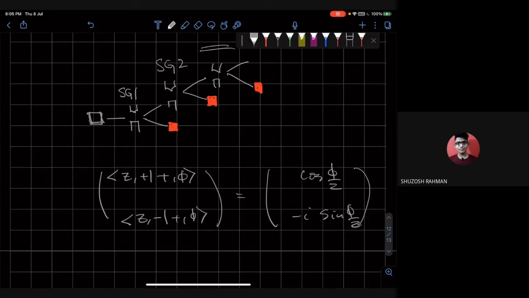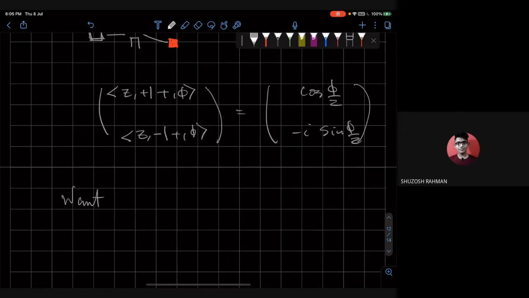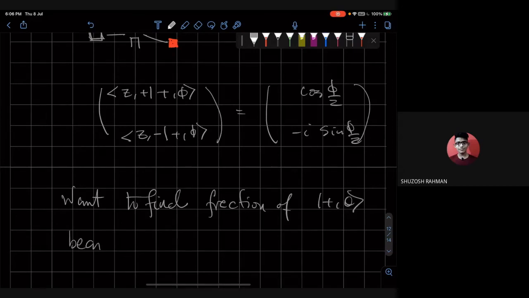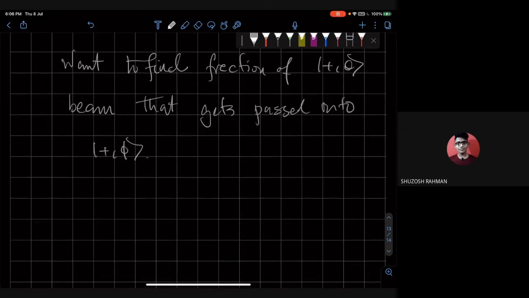Now we want to find the fraction of the plus theta beam that gets passed on to plus phi. So we want to know this inner product. Okay, and then we want to square it.